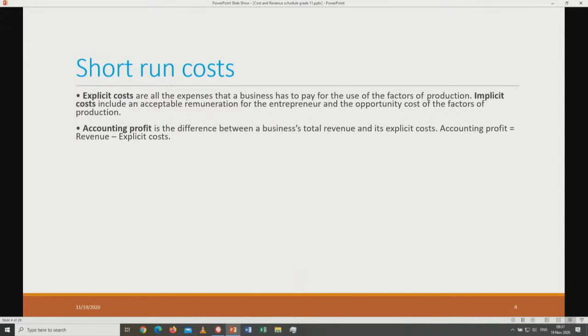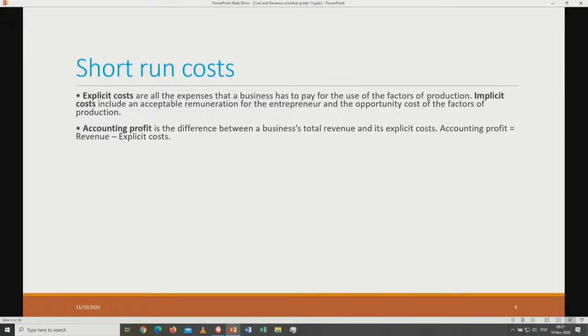Okay, let's continue to look at the profits. Now, in economics, later on, especially in grade 12, they are going to teach you the different types of profits, right? But the profit that we talk about in our daily language is actually accounting profit. All businesses, when they calculate their profit, that profit is an accounting profit.